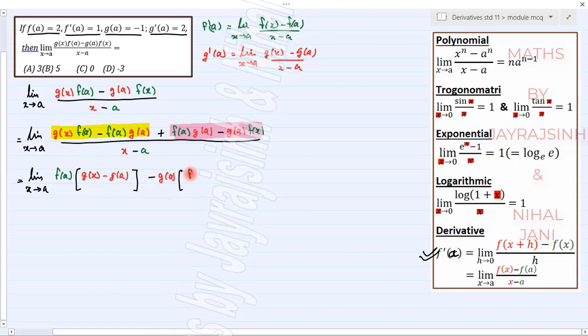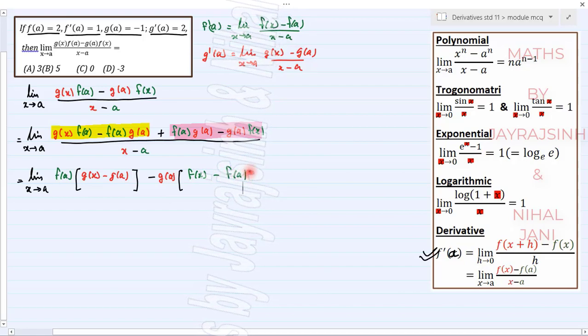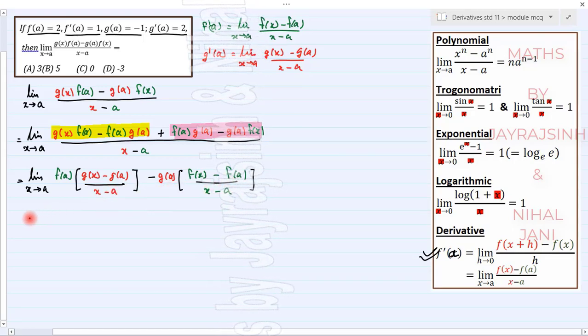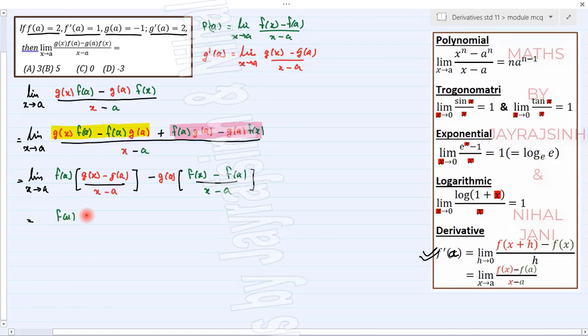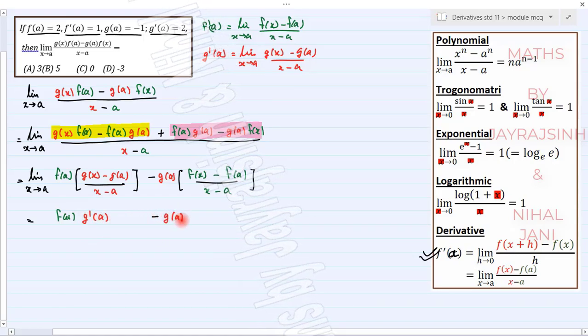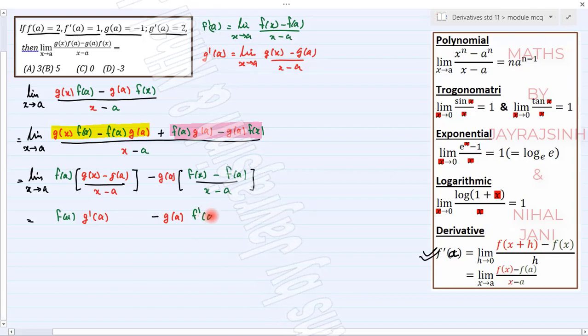So you will get f of x minus f of a, and give individual denominators x minus a and x minus a. So if we apply the limit, we will get f of a into g dash a minus g of a into f dash a.